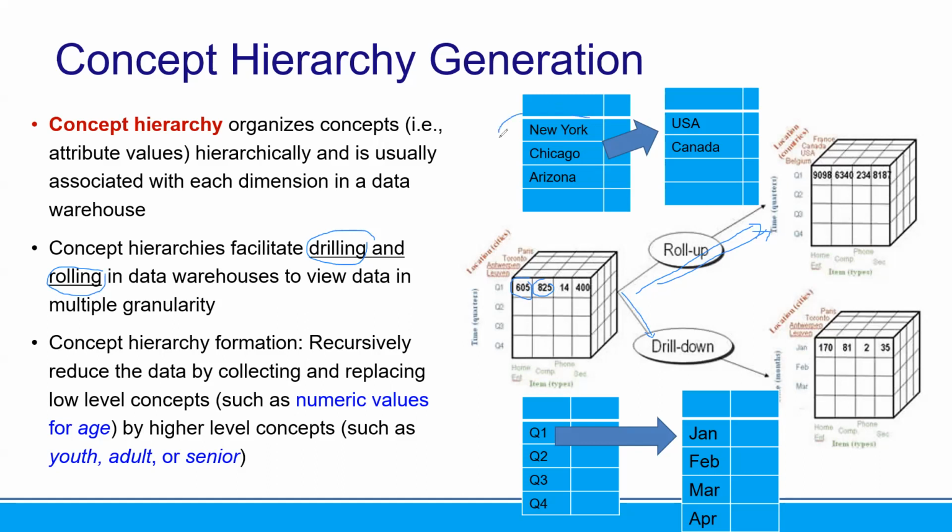So for example, this one is the city in USA. If we are dealing with drill down, we want to make more detail. For example, Q1 can be drilled down into January, February, March, and so on.